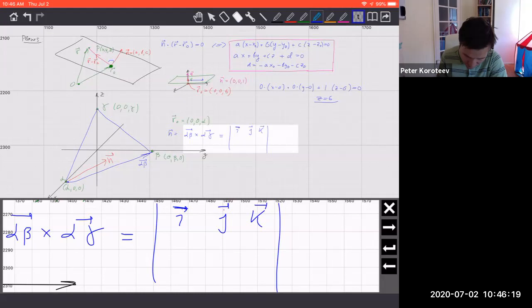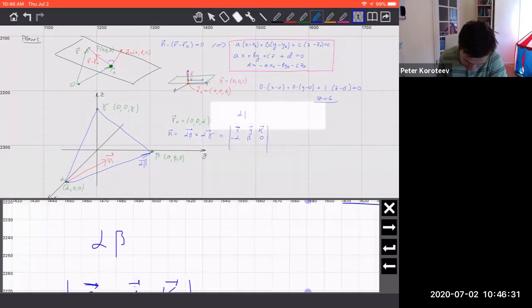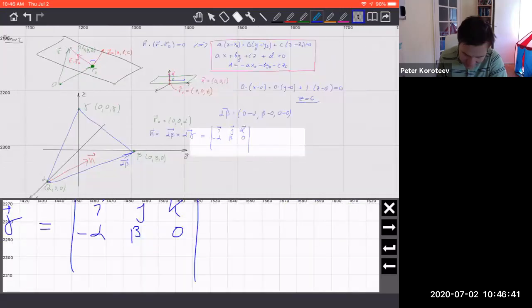You literally subtracted, there is nothing fancy here: 0 minus alpha, beta minus 0, 0 minus 0, which gives minus alpha, beta, 0.